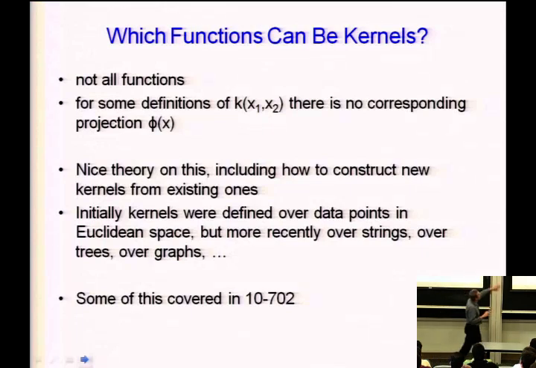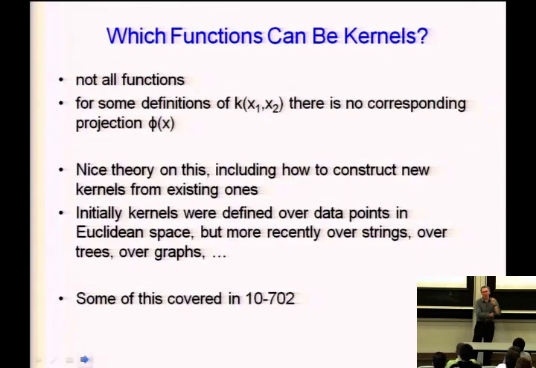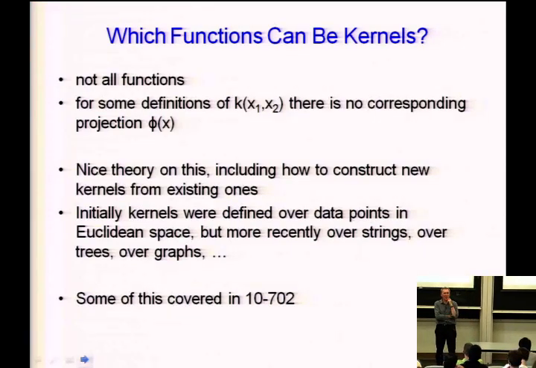Then people moved on. The original work was all about kernels in Euclidean space, like the example we talked about. But now people are asking, what if my x's are not points in Euclidean space, but strings, like words or phrases? Or what if they're graphs, and so forth?